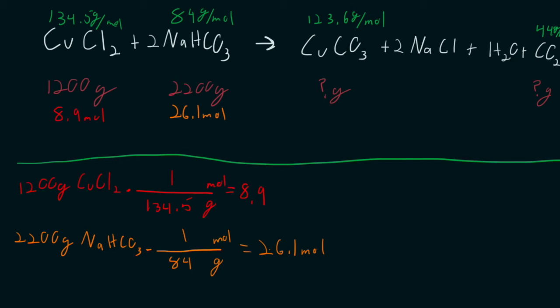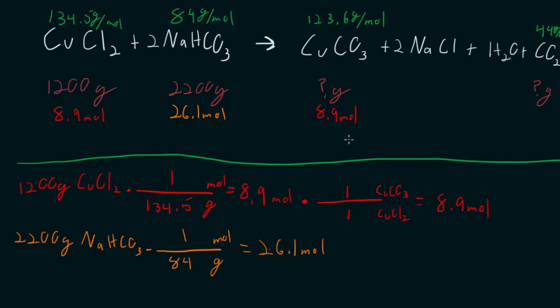So let's go from moles of CuCl2 to CuCO3. And so that's going to be a 1-to-1 ratio. So we're going to make 8.9 moles out of the copper 2 chloride.